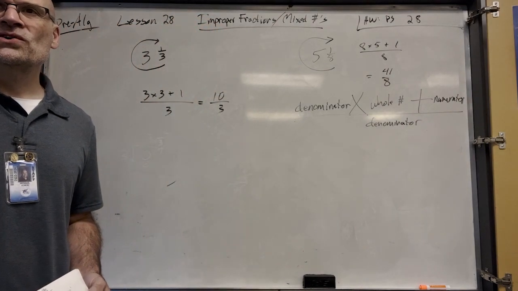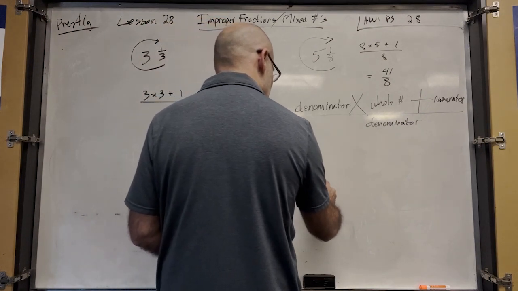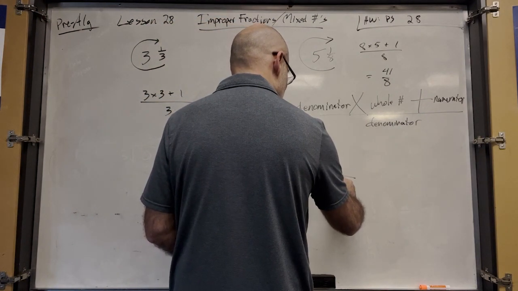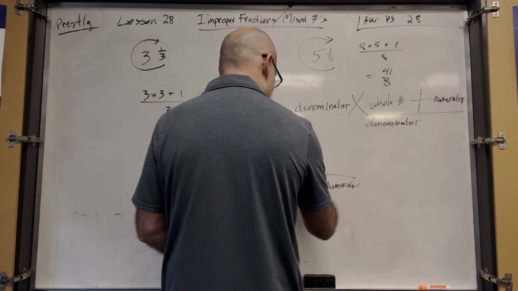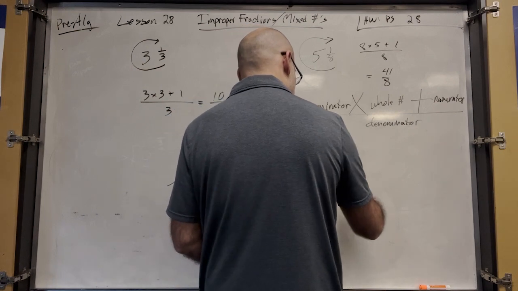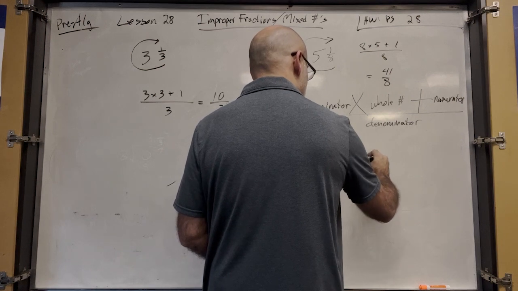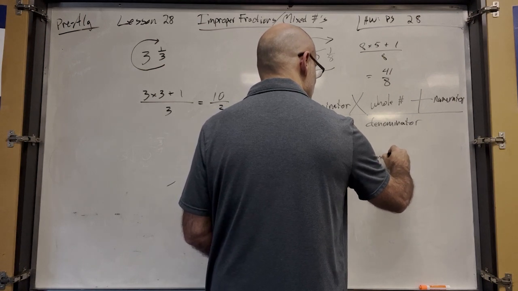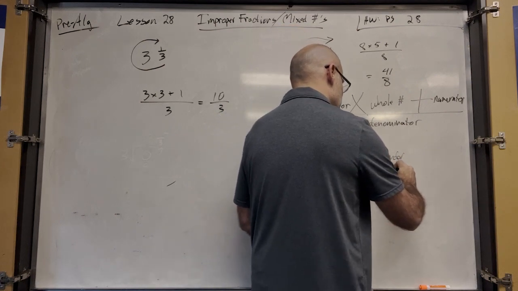To go from an improper fraction to a mixed number, it is numerator divided by denominator, and then you get your whole number, and then your remainder over your denominator. You can write this down if you want, but it's a little confusing.